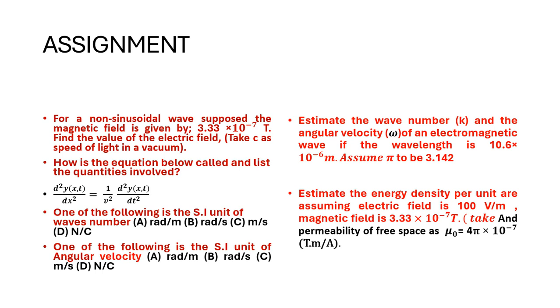It's supposed to be per unit area. Please take note. This point here, this is area. Estimate the energy density per unit area, assuming the electric field is 100 volts per meter and the magnetic field is 3.33 times 10 to the power minus 7 Tesla. Take the permeability of free space to be 4 pi times 10 to the power minus 7.